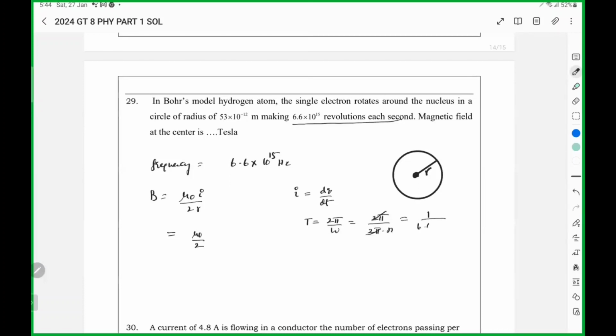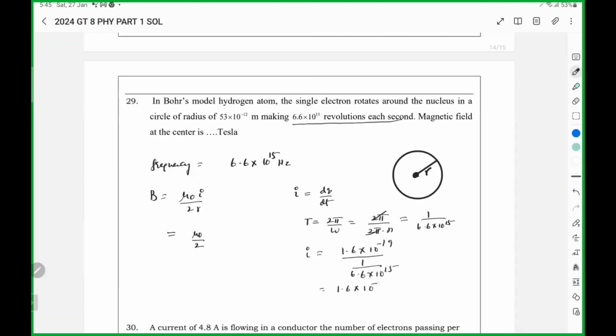That is frequency 6.6 into 10 power 15. So here, to calculate current, charge of electron, so time period is t here is 1 by 6.6 into 10 power 15.